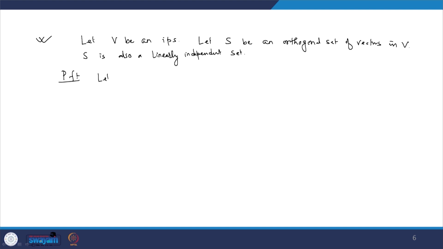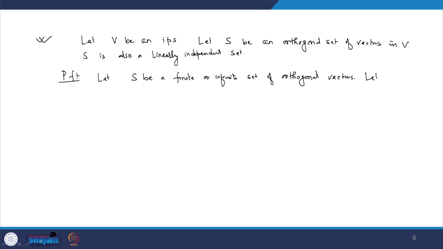So, let S be a finite or infinite set of orthogonal vectors.